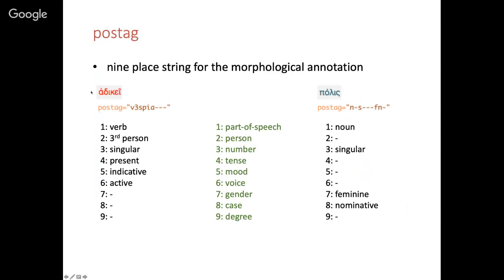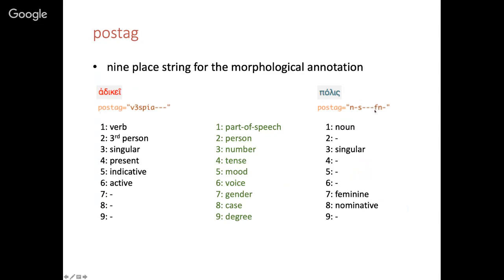So for example, the adike, this post tag tells us that the part of speech is verb, and the person is third person, and the number is singular, the tense is present, and the mood is indicative, and the voice is active, and the 7, 8, and 9 places are left blank because this doesn't apply to the verb.